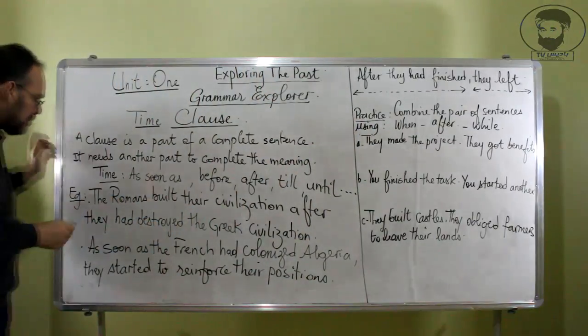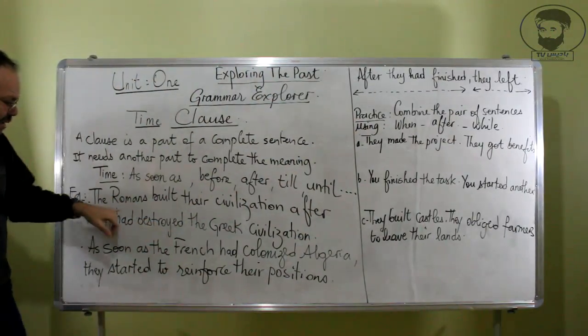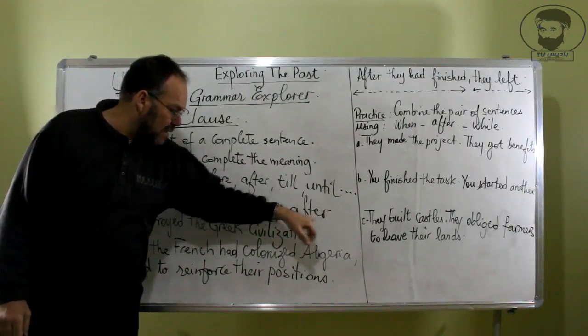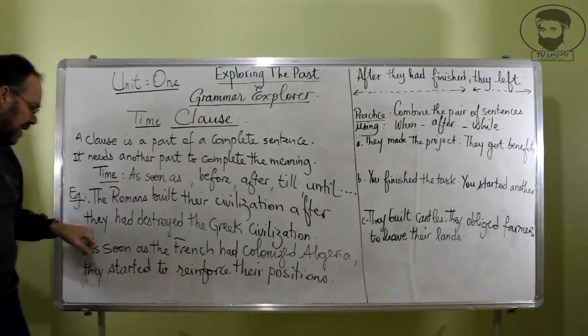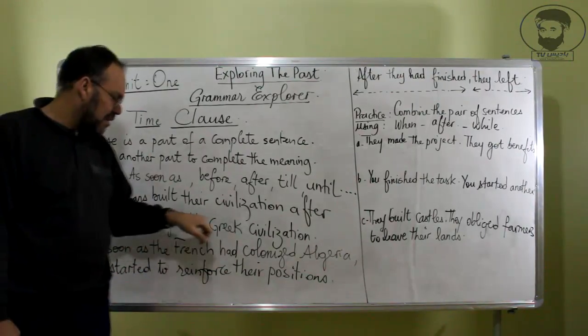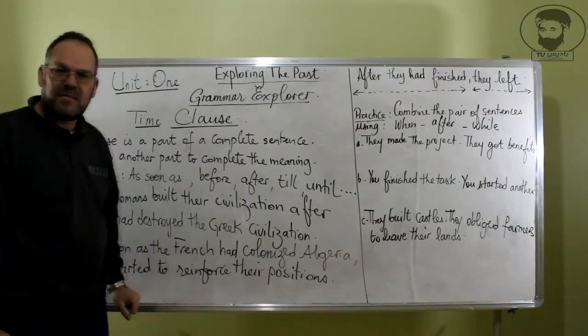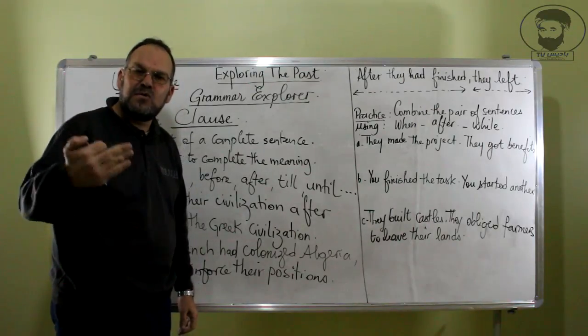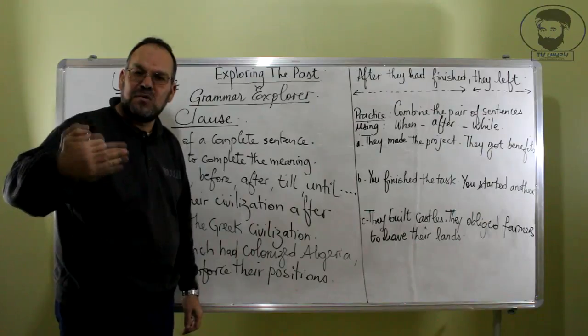Now let's go. For example, the Romans built their civilization after they had destroyed the Greek civilization. Now the question is, when did the two actions happen? Which one was first?